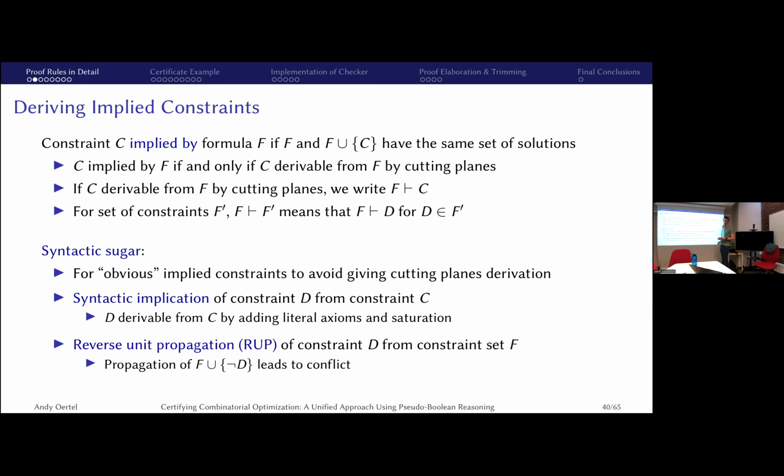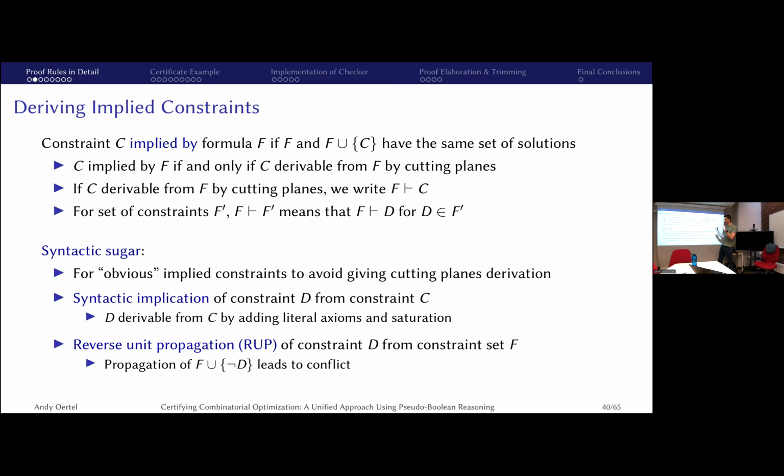Another easy to check condition is reverse unit propagation. This is basically a proof by contradiction. We have our set of constraints F, and we know that the constraint D is implied by F if the set F union the negation of D, so we assume the negation, necessarily leads to a conflict, which we detect by this propagation procedure.